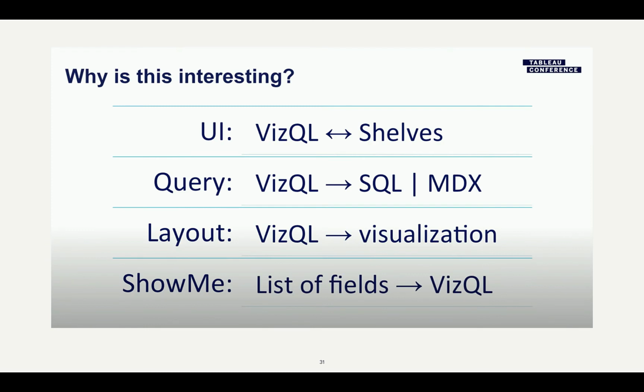It also provides the layout, the visualization of the layout, right? What do we want to see? Line charts and bar charts and pie charts and heat maps and tree maps, so on and so forth, and allows for the Show Me, which we haven't used very much, and we're probably not going to use very much this semester as well. But if you click on a bunch of different fields in what's available to you, and then click on the Show Me, and then click on a particular visualization, all of that is converted into the VizQL to return the visualization that you've asked for.